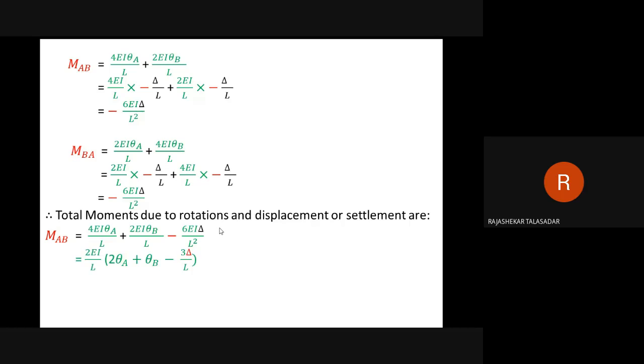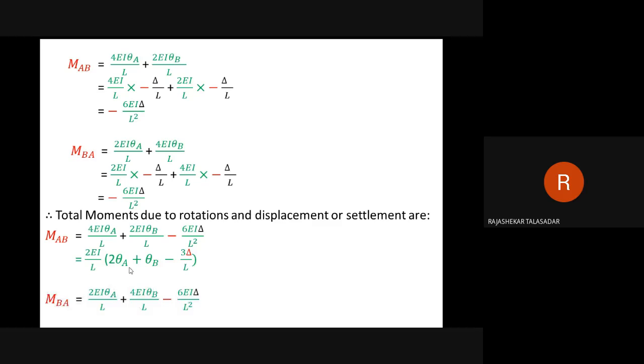Similarly, if you simplify by taking out 2 EI by L, it will become 2 theta A, this is 1 theta B. Minus, 2 I have taken, so 2 into 3 is 6, it will become 3 delta by L, because here L is there. 2 into 3, 6 EI delta, L into L, L square. It will come like this.